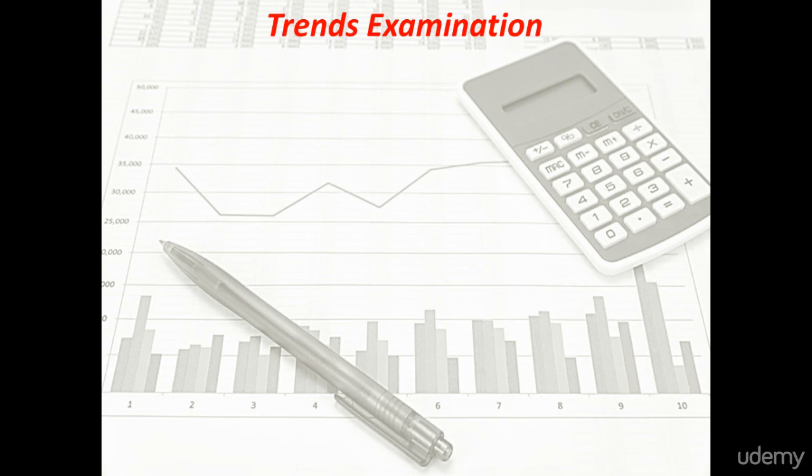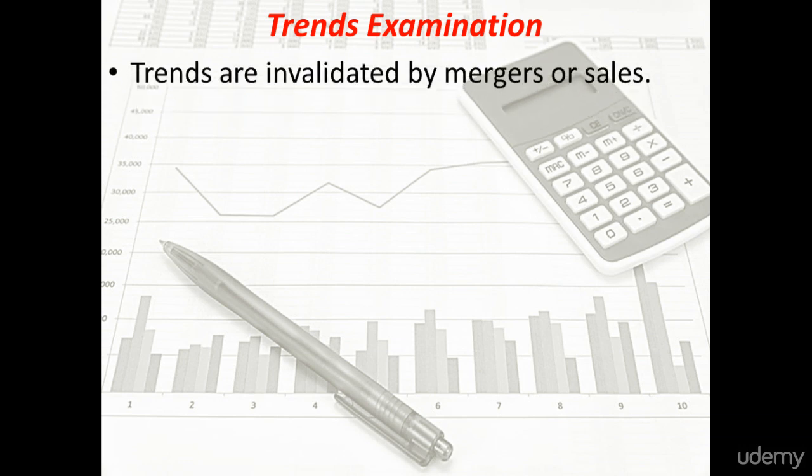Here are some cautionary points about trends. Trends are invalidated by mergers or sales. Any trend involving revenue and profits remains valid only as long as the company status remains unchanged. In other words, the same subsidiaries are owned throughout the period and there are no mergers or sales.